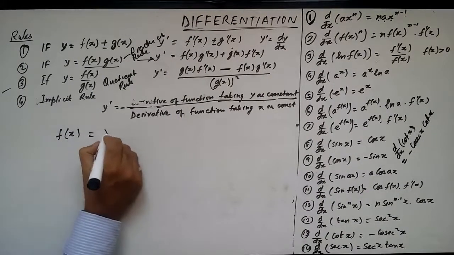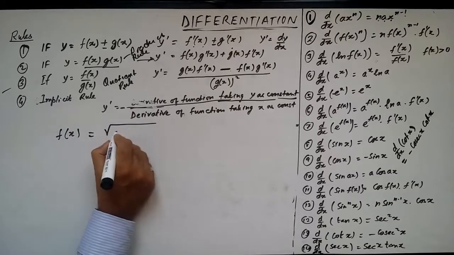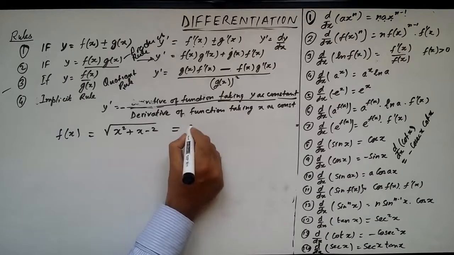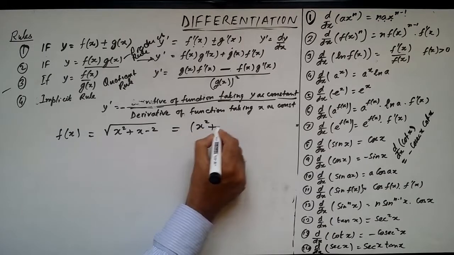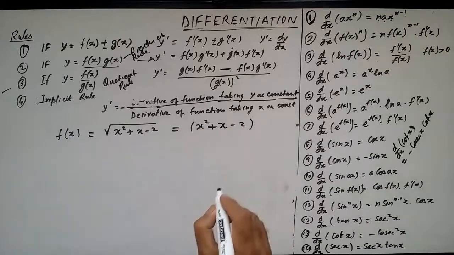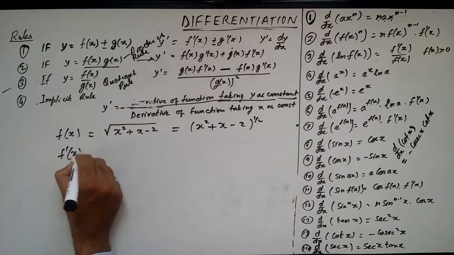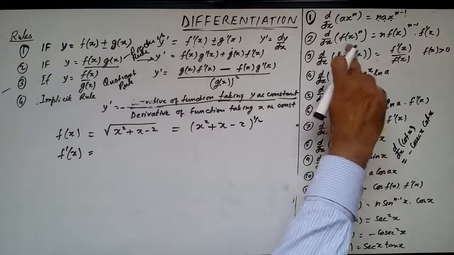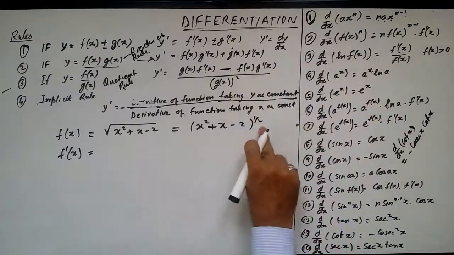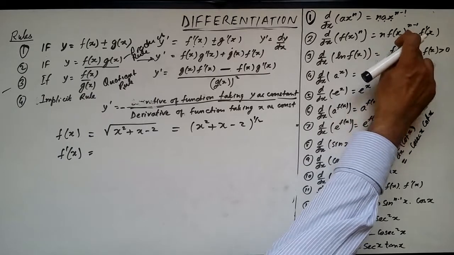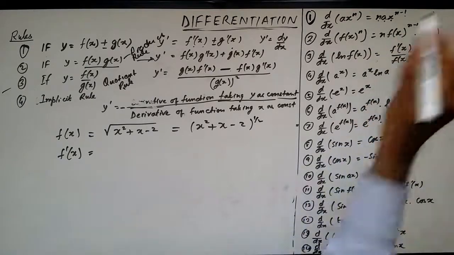The function f(x) is equal to the square root of x squared plus x minus 2. I can write this as (x squared plus x minus 2) to the power half. Now, f dash x is equal to, applying this rule: this is a function to the power n, so it will be n times the function to the power n minus 1, times the differentiation of the function.